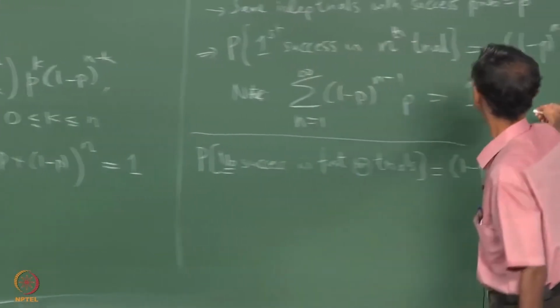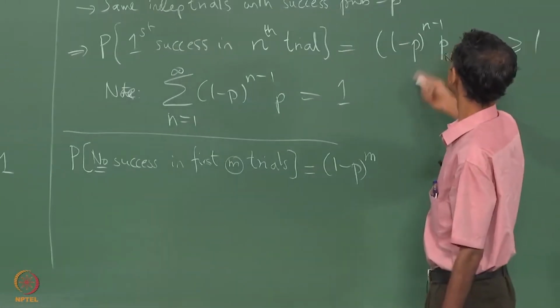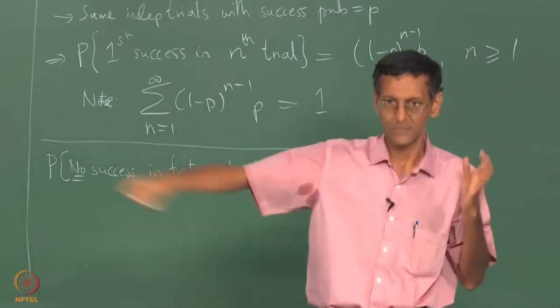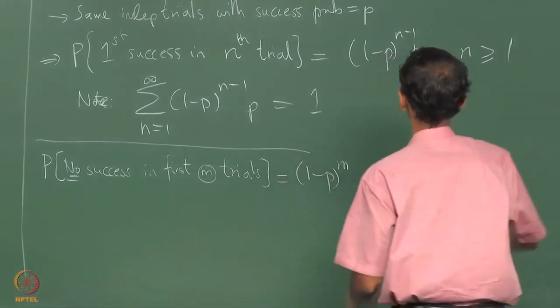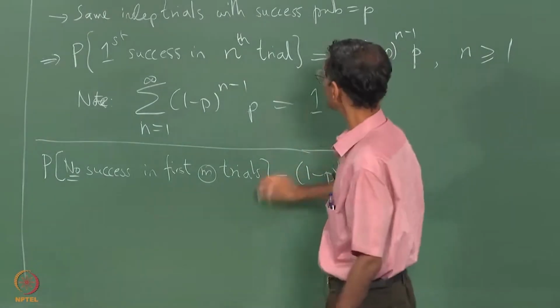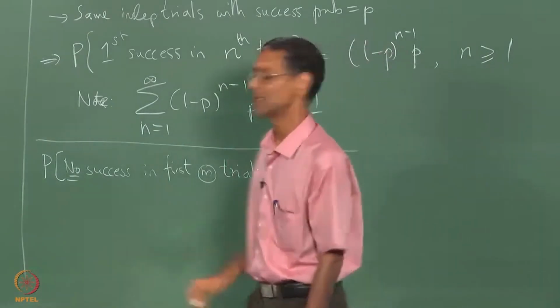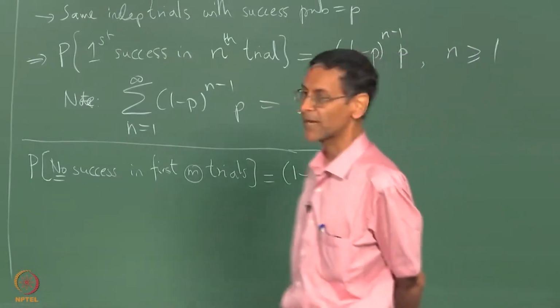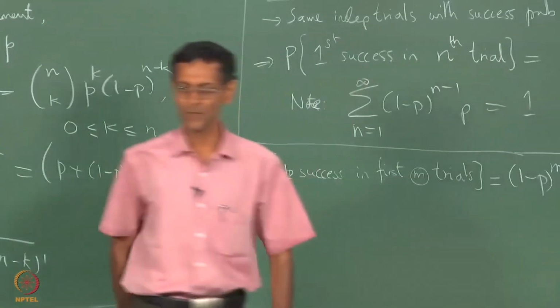From here, what happens? Well, you get no success at all, it is like 1 minus p, 1 minus p, which is exactly the same thing. So no matter which way you do it, there is only one way of writing this. No success in the first m trials is clearly (1 minus p) to the power m.